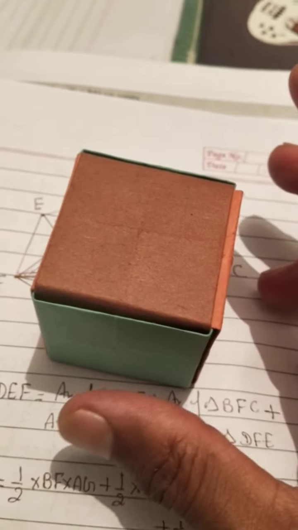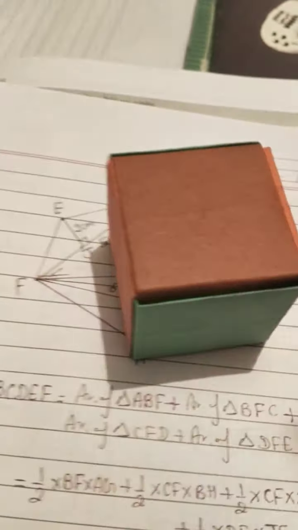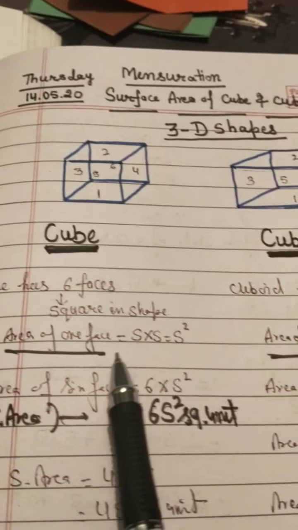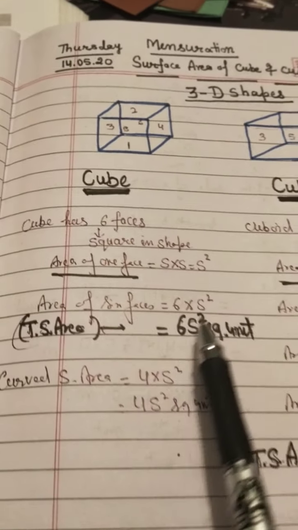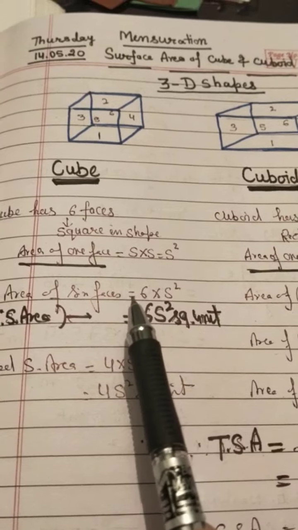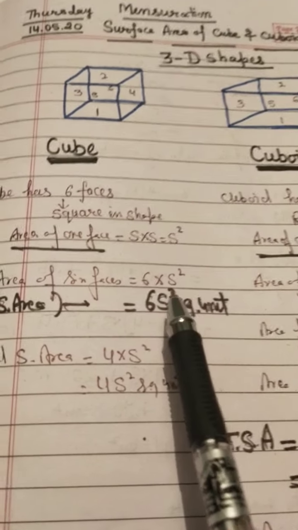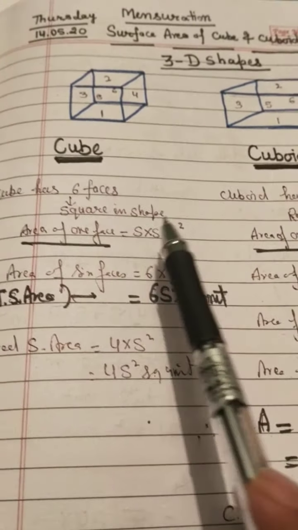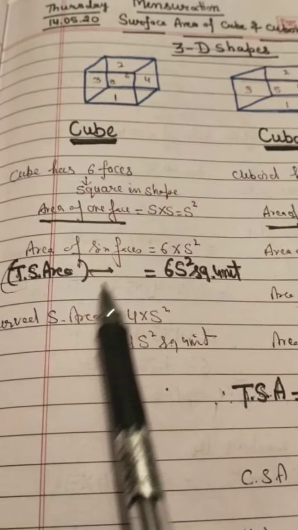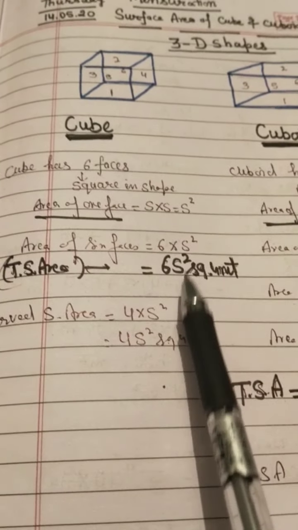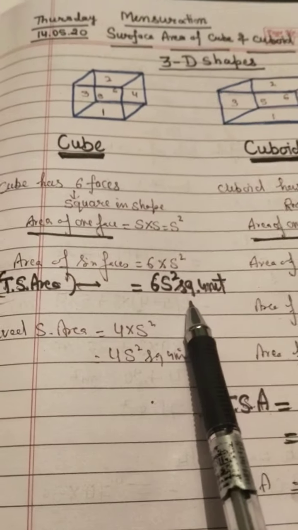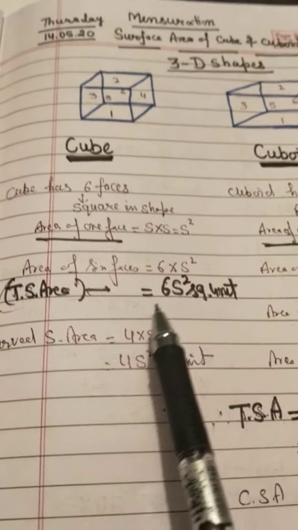What will be the total surface area of this cube? 6 into side square, 6s square or 6l square or 6a square. You can take the side as a, l, s and so on. So total surface area of a cube is equal to 6s square unit. Square unit is the unit of area.